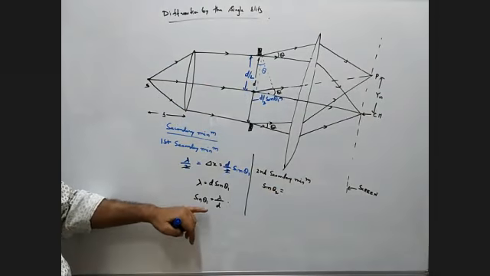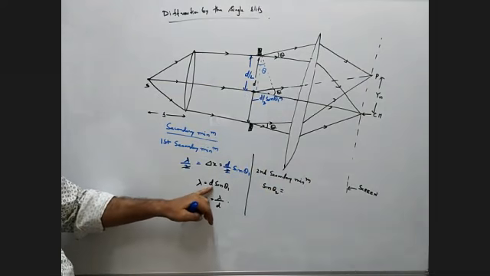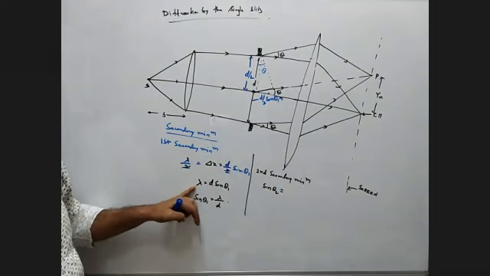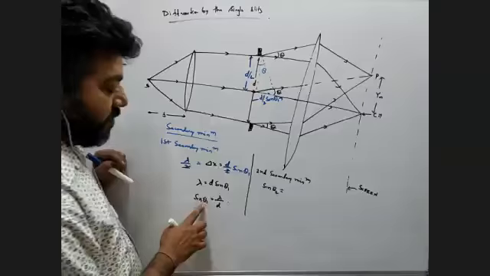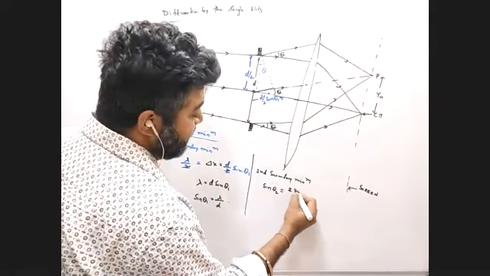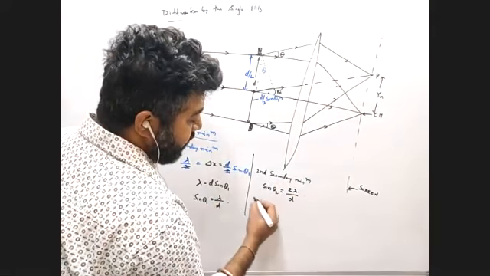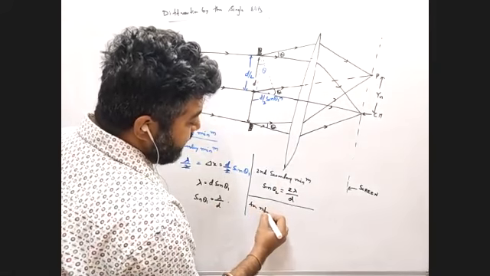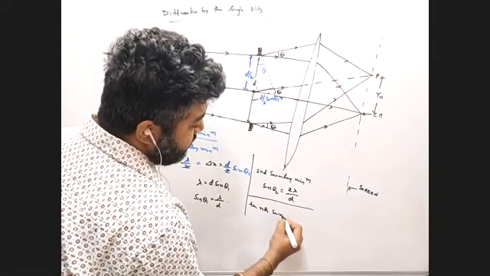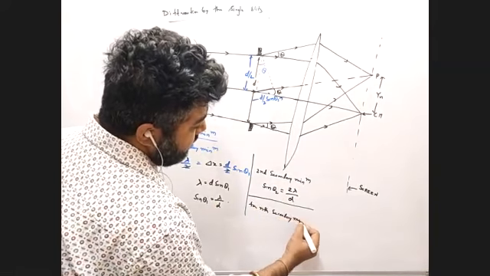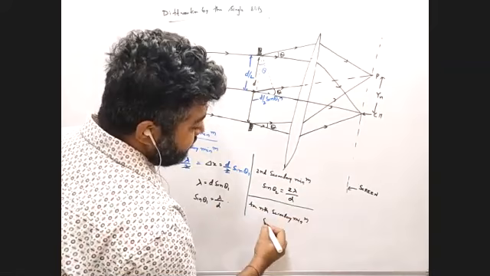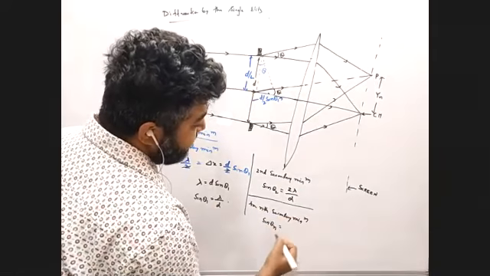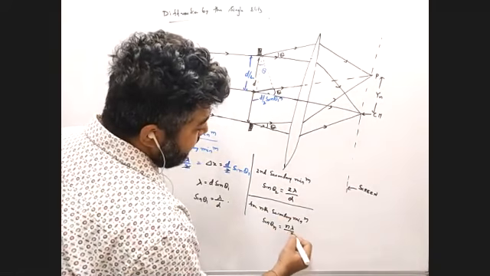For the nth secondary minimum, sine theta n is n lambda by d. Is it okay, everyone?